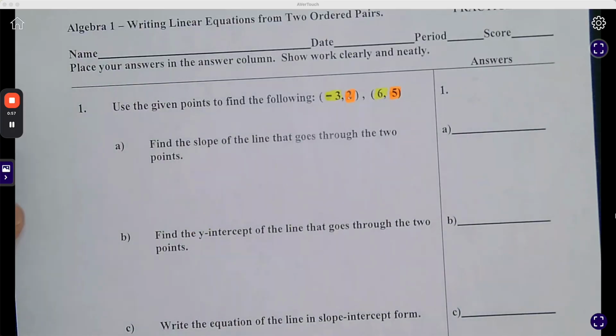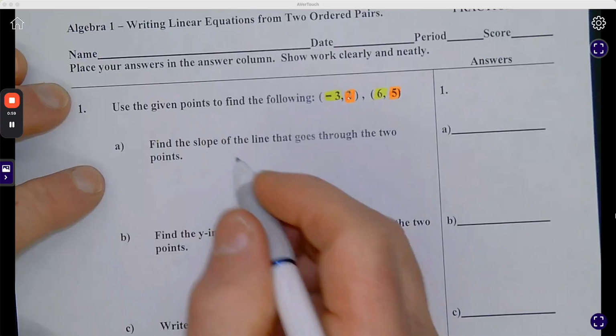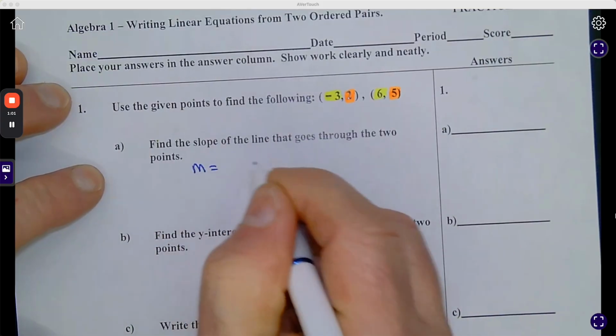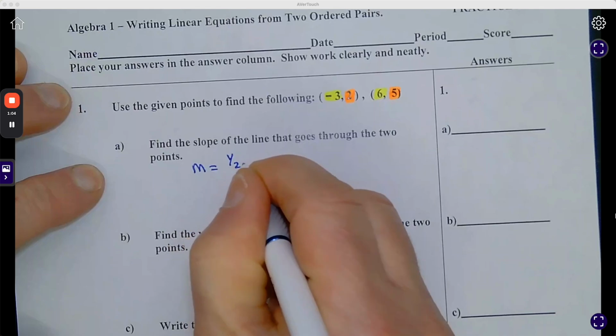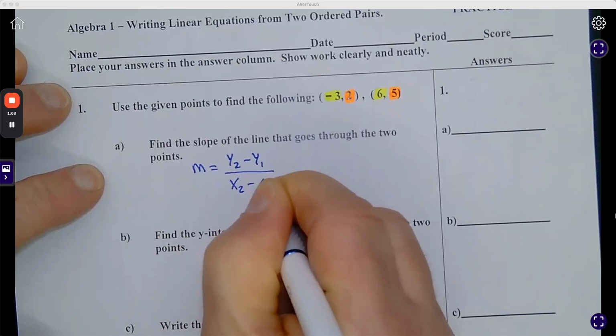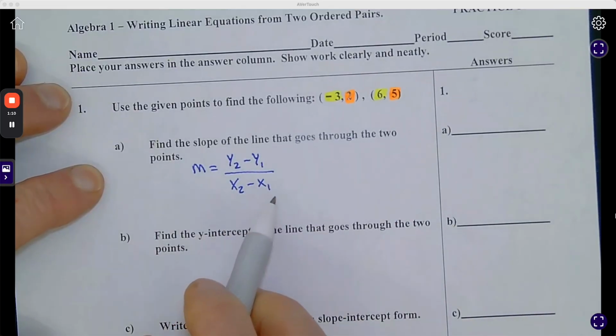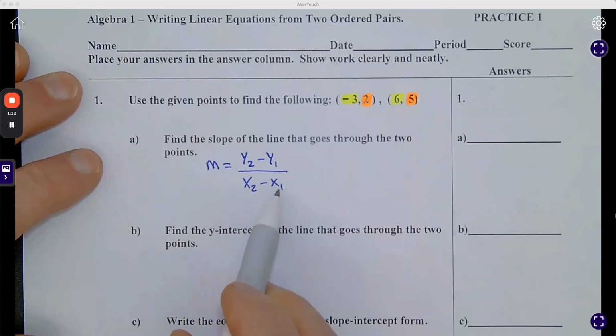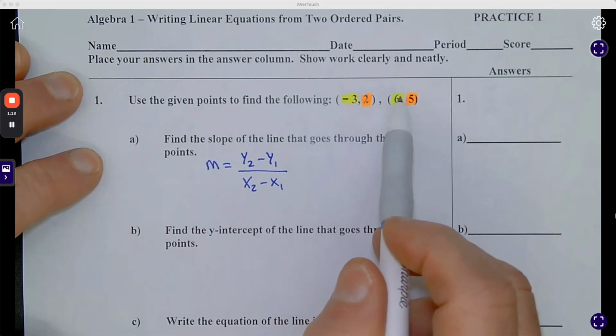When I use this formula given two ordered pairs, I want to differentiate between the x's and the y's. So this is my formula. Okay, so what we do is we use these subscripts. Subscripts are a way to distinguish between two x values, right? That's x and that's x.